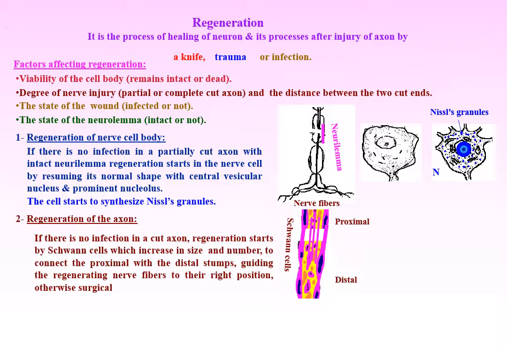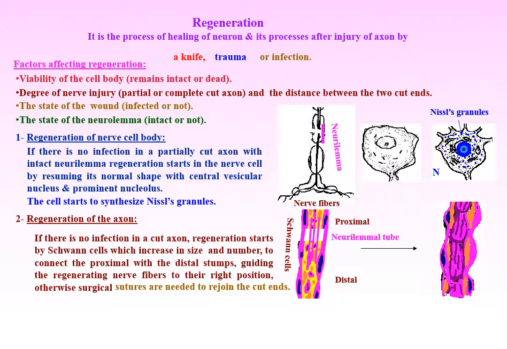Neurofibrils of the central stump will grow and extend to the distal cut end of the nerve, directed by the neurolemmal tube. Otherwise, surgical sutures are needed to join the cut ends of the neurofibrils.